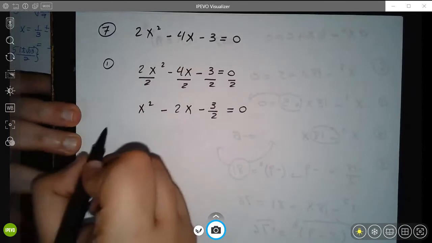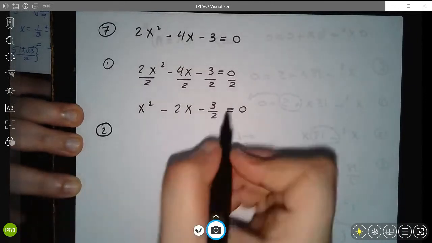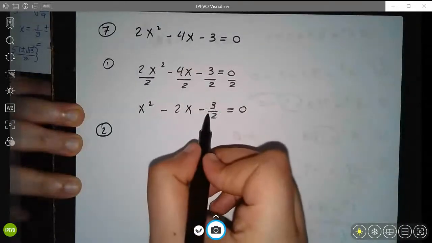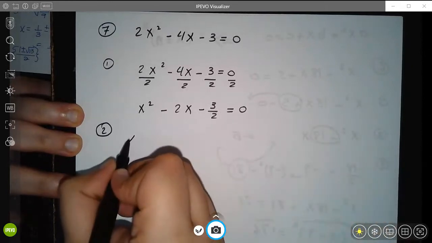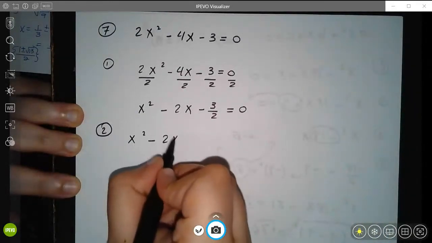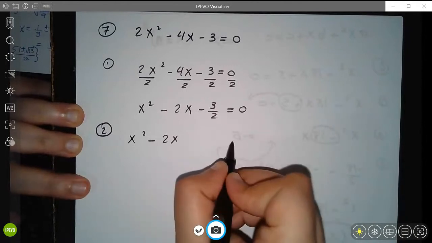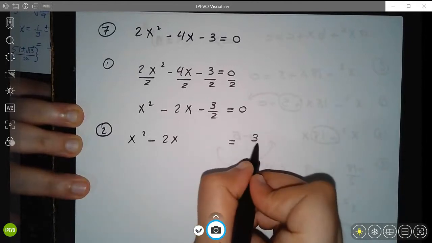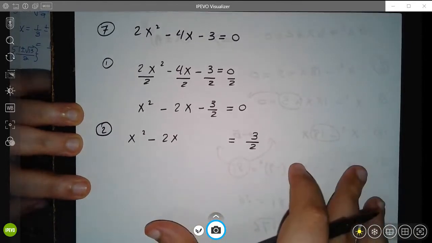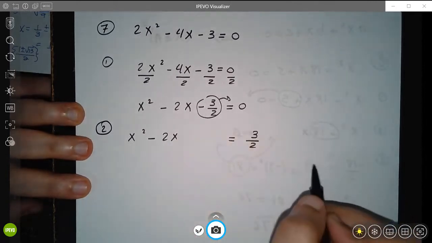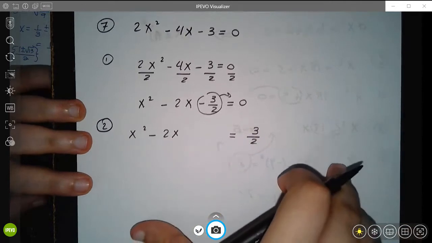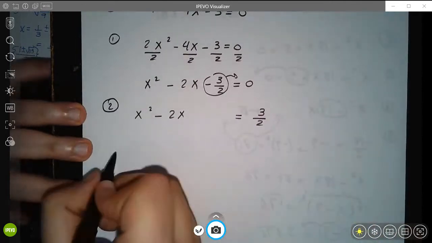Okay. Now step 2. I'm going to move the negative 1.5 to the opposite side. So you get x squared minus 2x, leave space, equals positive 3 over 2. Yeah, so we grabbed this and we moved it. Okay.